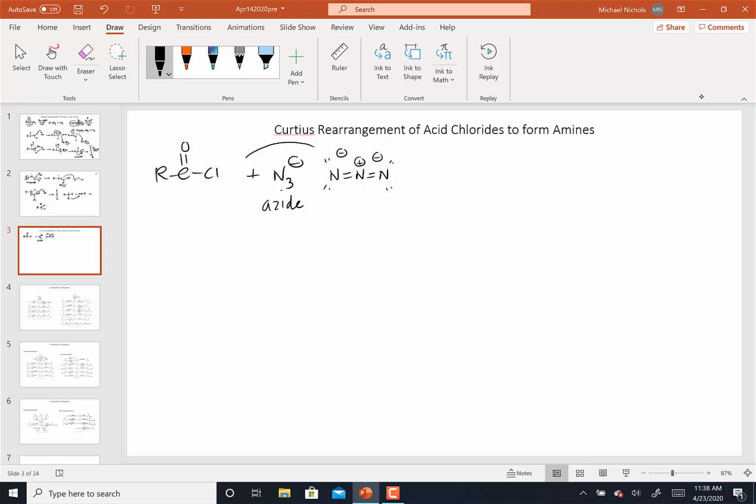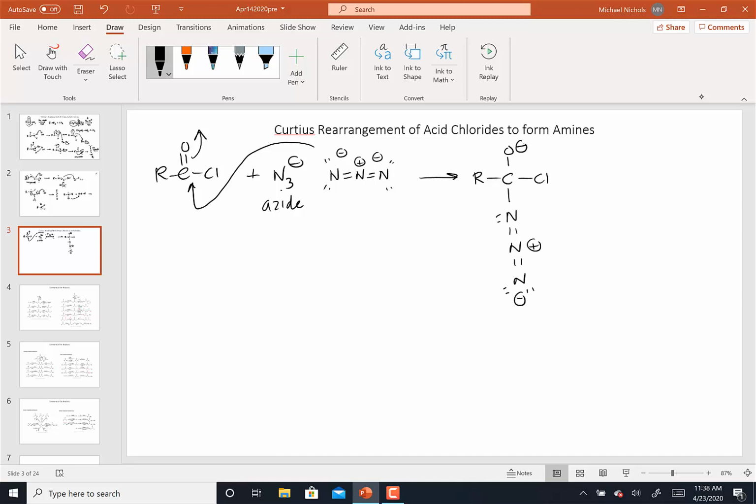The N- is going to come in, add to the carbon, and we're going to end up forming the O- with the Cl, and then our N double bond. This will have one lone pair. So we'll end up with a positive charge on the middle nitrogen and a negative charge on the end nitrogen. So we'll make this species.